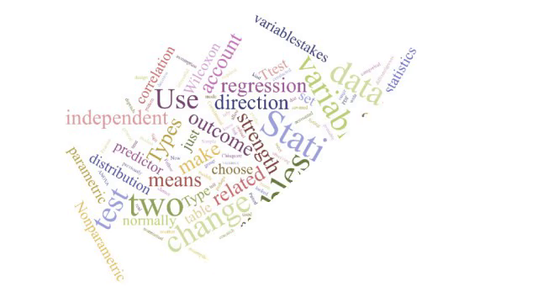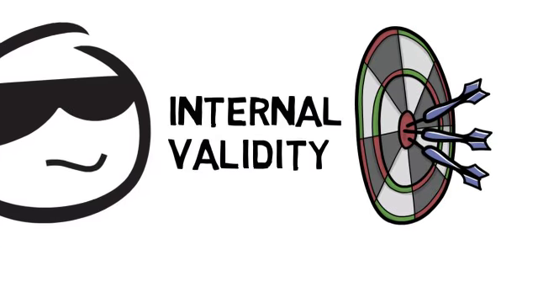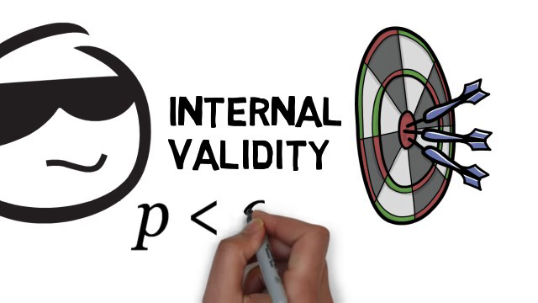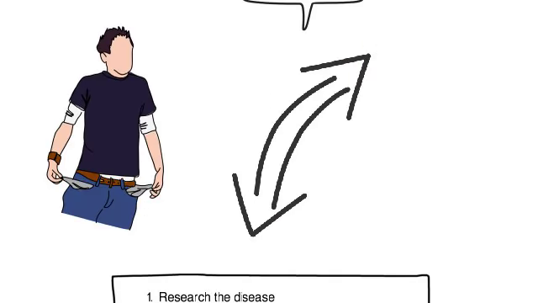Words like stratification, covariates, adjusted for, these are all clues that confounders are present, and the statistical analysis will often account for those in the choice of test. Internal validity is improved if the correct statistical tests are used. Remember, it's these statistical tests that give you those p-values and confidence intervals, aka your result.